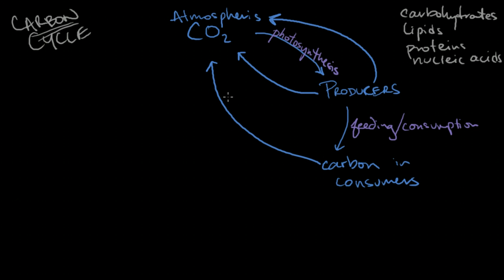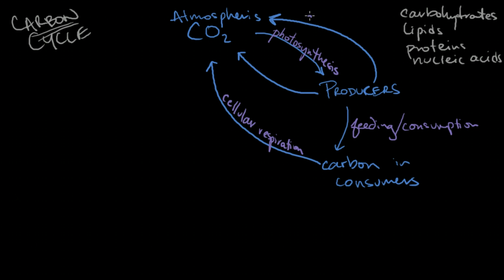The consumers breathe it out in cellular respiration back to the atmosphere. And the organelle that many producers, plants do, not all photosynthetic organisms do, that these consumers also have is the mitochondria.